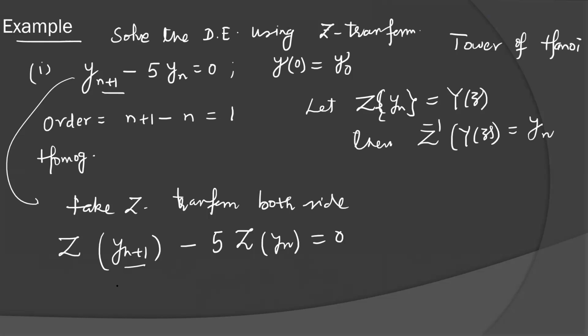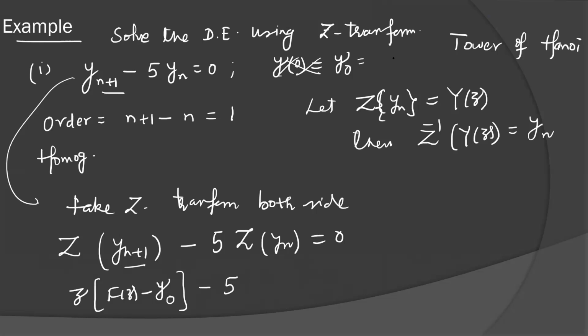If you take the Z transformation, see lectures 2 and 3, you will get z Y of z minus y0, where y at 0 is equal to y0, minus 5 Y of z equal to 0.